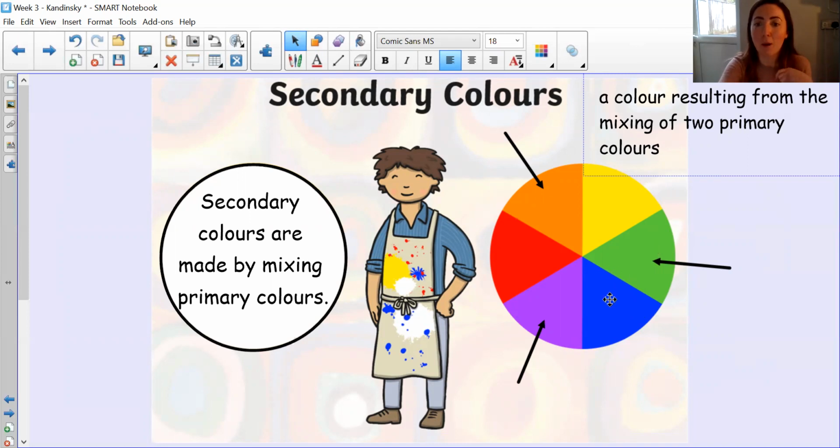And if we mix the primary colours blue and red together, then we get the secondary colour of purple. And those colours can be used to make an even bigger variety of different colours. So those three colours are the secondary colours: orange, green and purple. And they happen from the mixing of two primary colours.